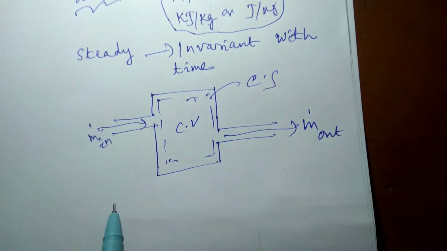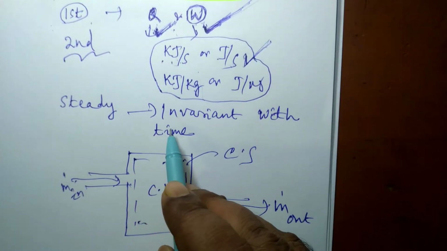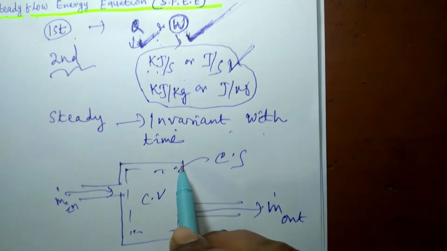Steady flow process means that after certain transient periods, devices like turbine, compressor, nozzle, diffuser, etc. attain a steady state when no property, either extensive or intensive, varies with time. That's why it is steady. The literal meaning of steady is invariant with time.